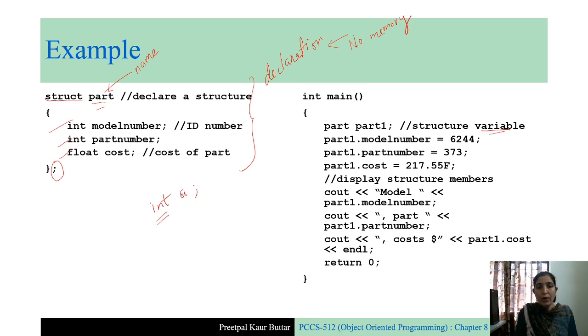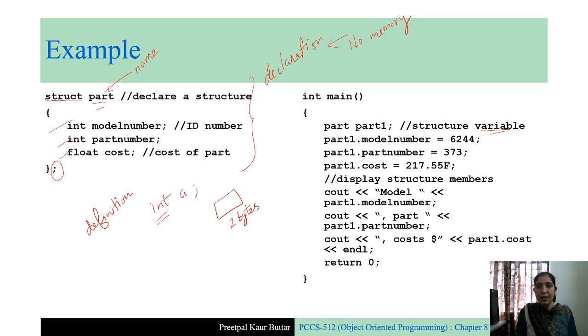When you create a variable of type integer, memory is allocated to the variable, equal to the size of an integer. For example, if an integer is 2 bytes, then 2 bytes of memory will be allocated. So this is a definition. We are actually allocating the memory to the variables. We are creating the variables in the memory.